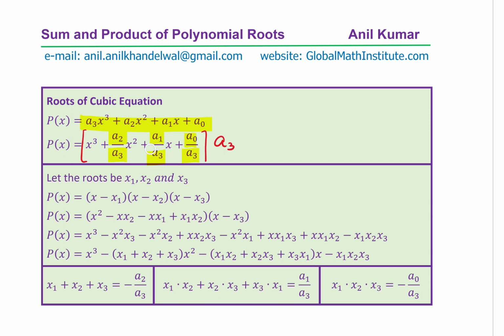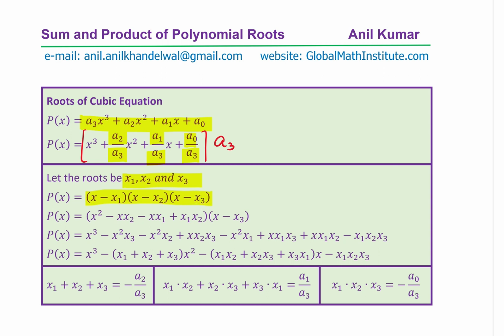It becomes simpler for us to compare the coefficients. Now in this particular case, let us assume that the three roots for this cubic equation are x1, x2, and x3. Definitely, the factored form could be x minus x1 times x minus x2 times x minus x3.